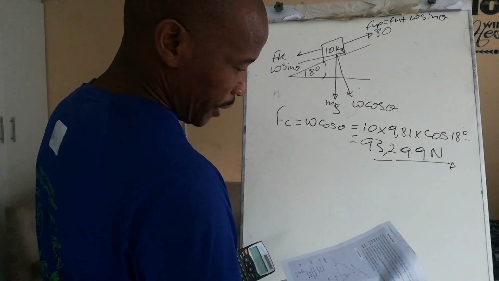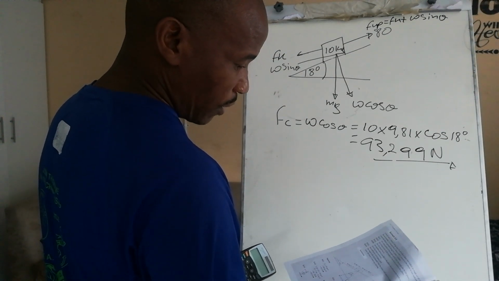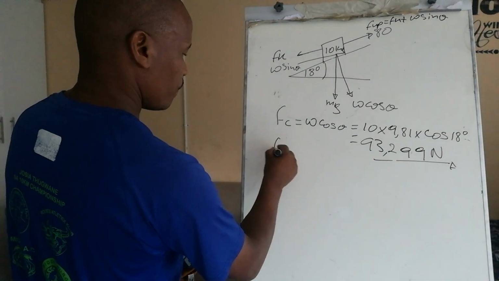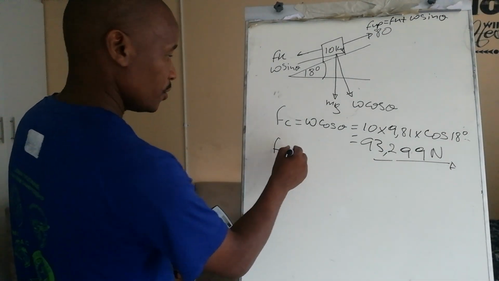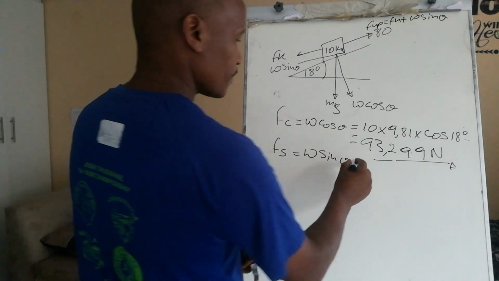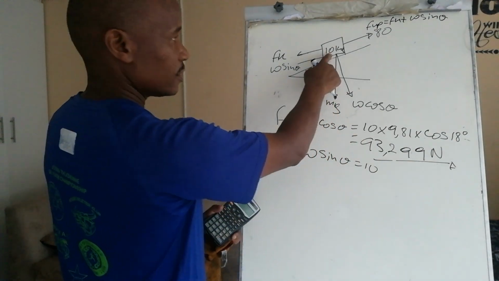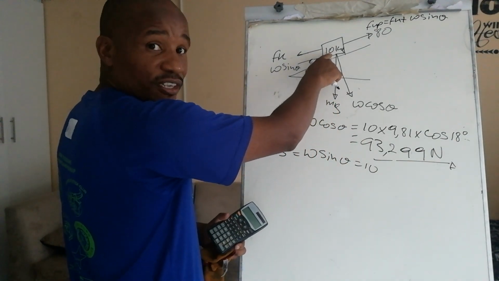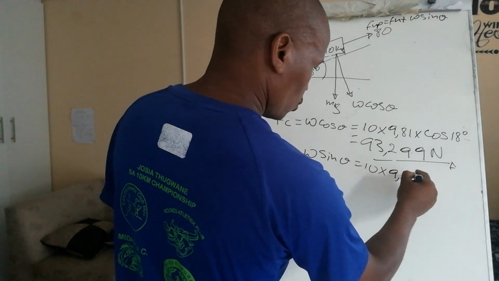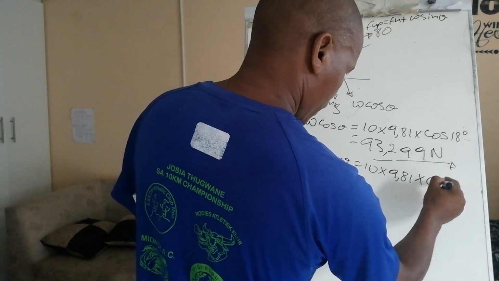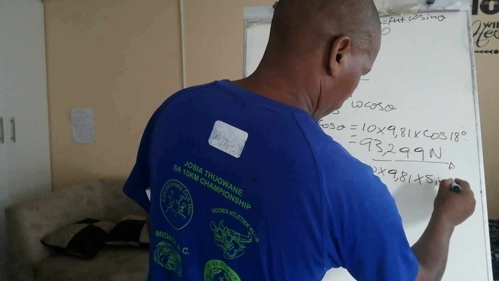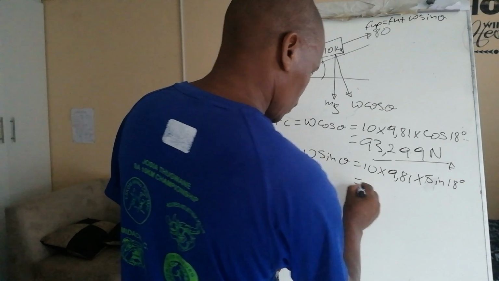Then the component of the weight of the body parallel to the plane, the force due to sine, is equal to W sine theta, which is equal to 10 kilogram. To convert that 10 kilogram into weight, I multiply by 9.81, multiply by sine of 18 degrees, and it is equal to what?